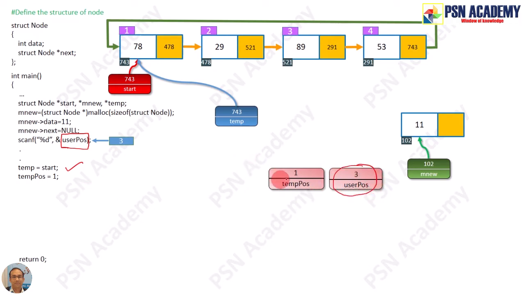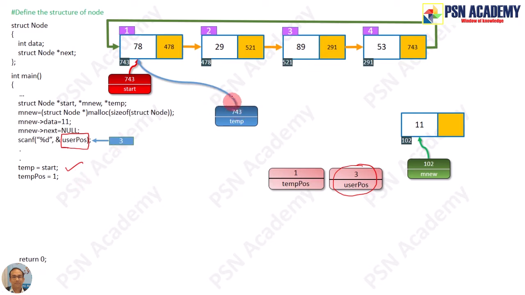And the temp pose will be the variable which will hold the position of the temp, because temp will move from this node to this node to this node if required. So if it is there at 743, the temp pose will be 1 as it is now.